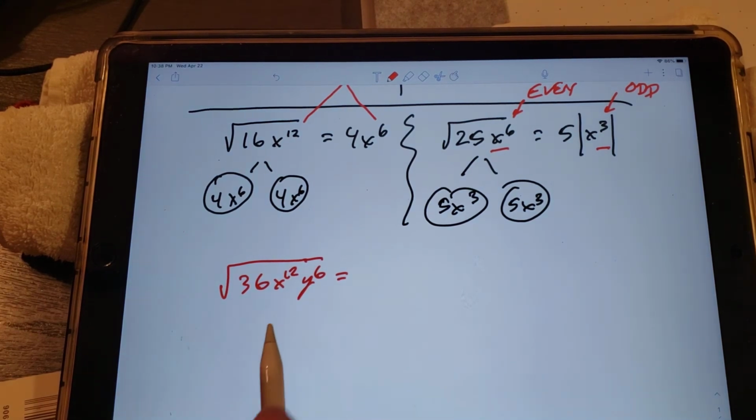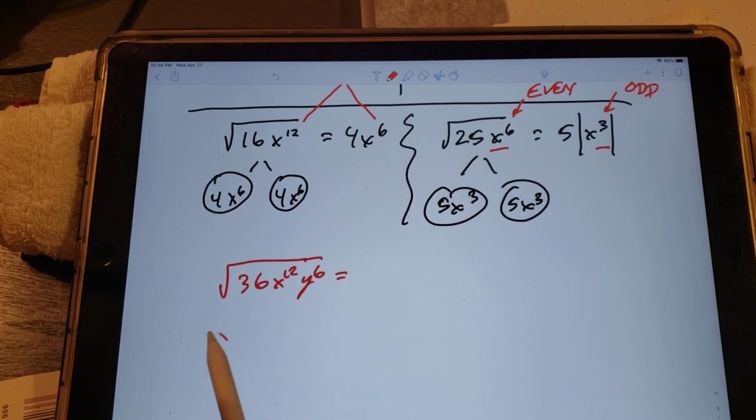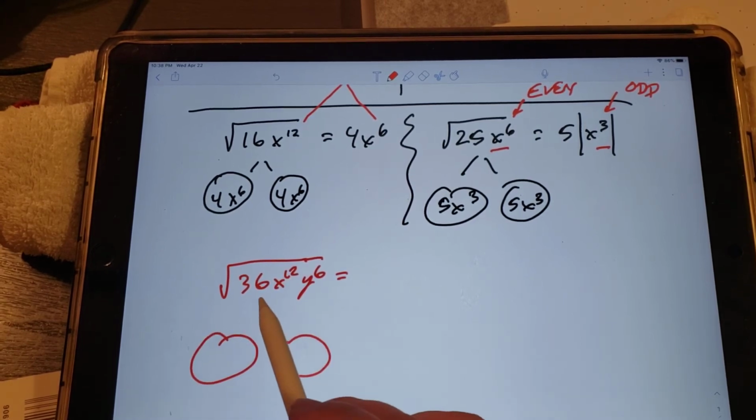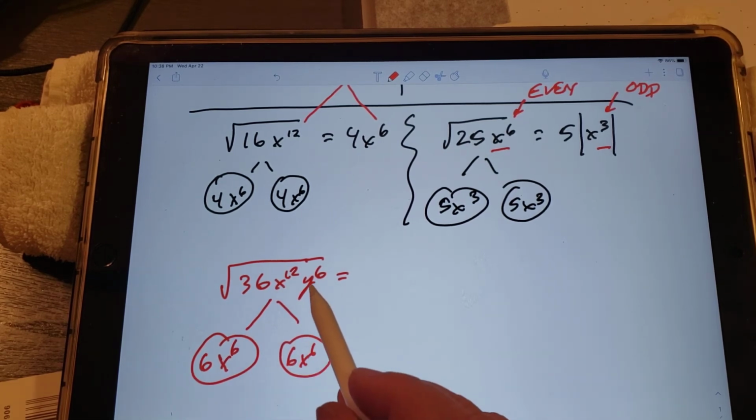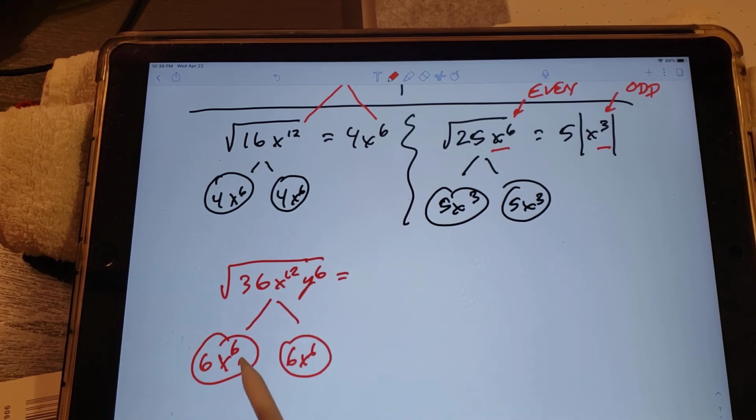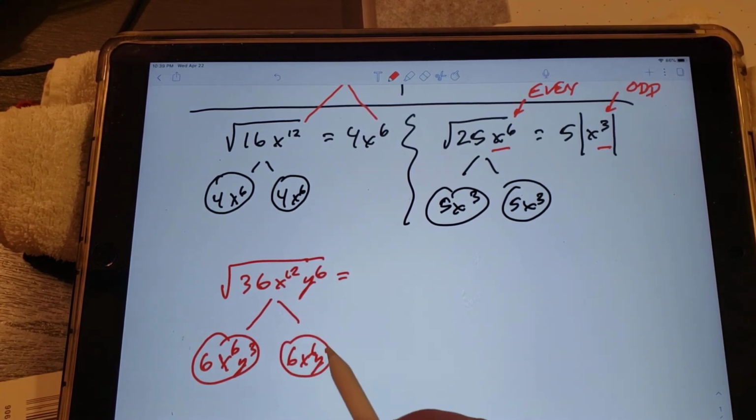Now, we know how balloons work. Two balloons, each balloon, should I do it? Okay, I'll do it. Each balloon will get a 6 because 36 is 6 times 6. If there are 12 x's, I'll have 6 of them. And if there are 6 y's, I'll have 3 of them.